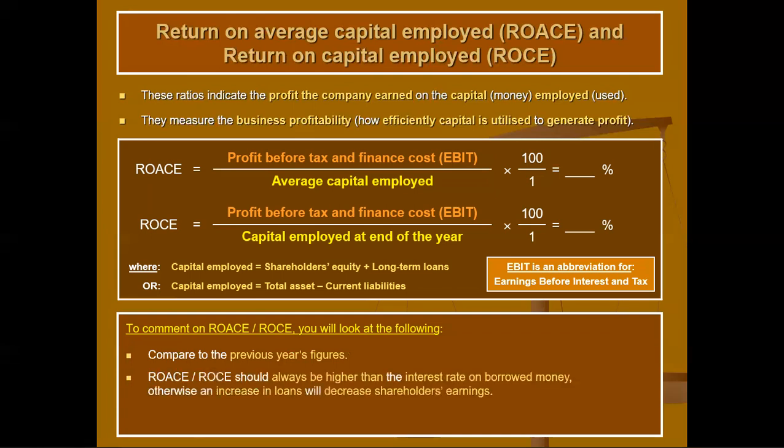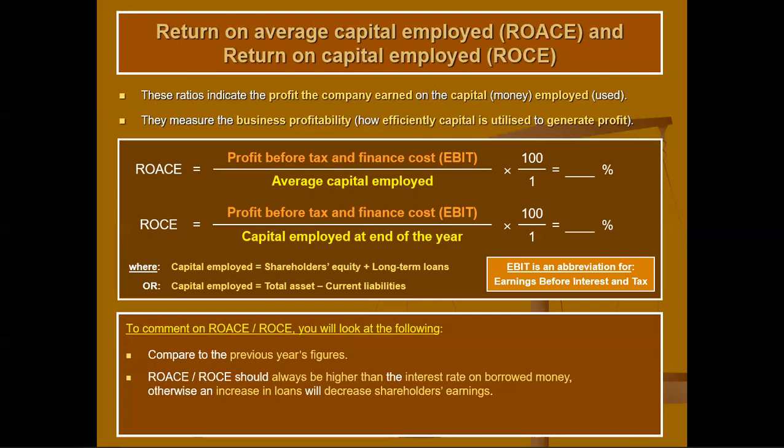Return on capital employed should always be higher than the interest rate on borrowed money. So your return on capital employed must be higher than interest on loan. It must always be higher than interest on loan.